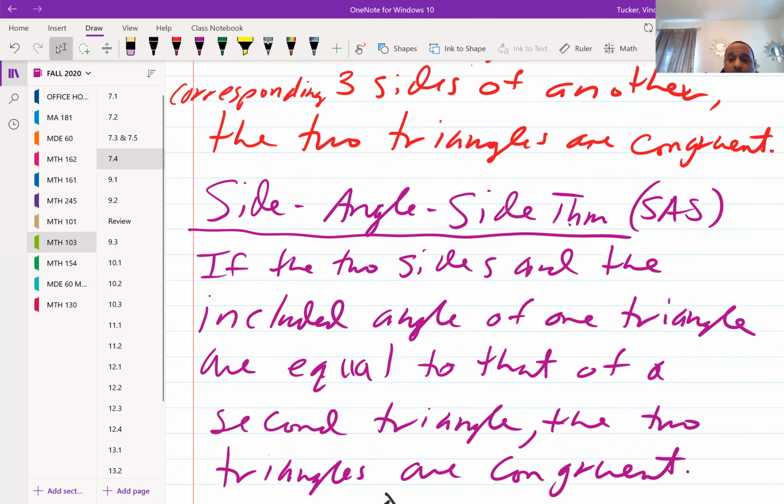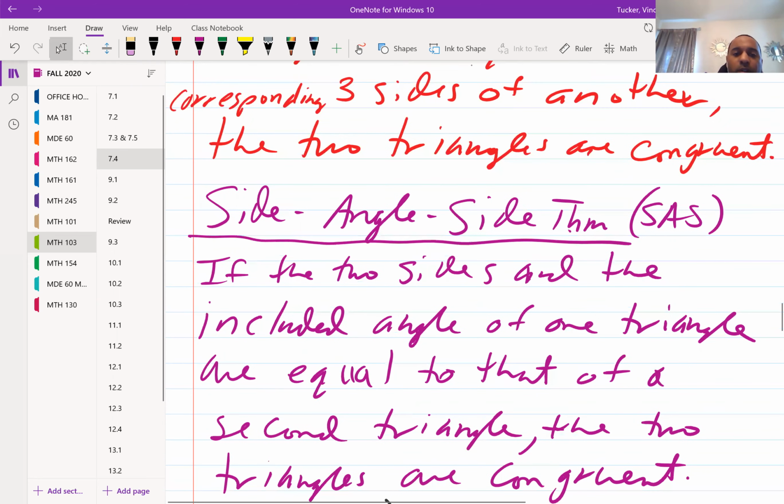So the next one, side angle side theorem. If the two sides and included angle of one triangle are equal to that of a second triangle, the two triangles are congruent. I think I got a diagram for it. Yeah, so I'll pull up in a second.